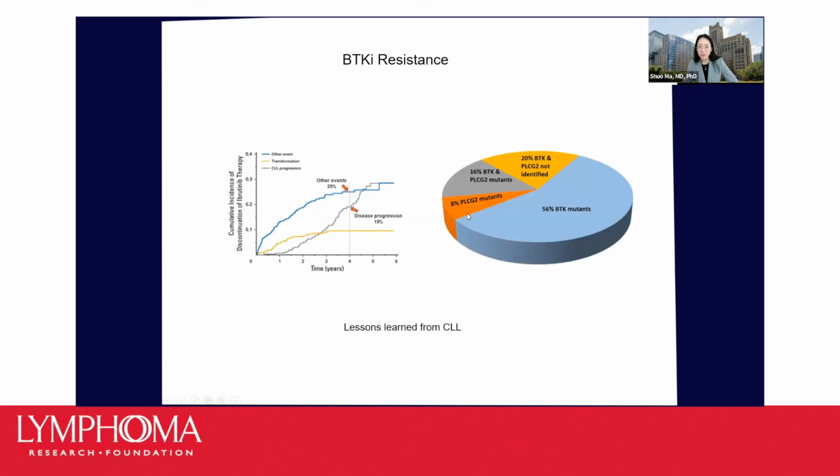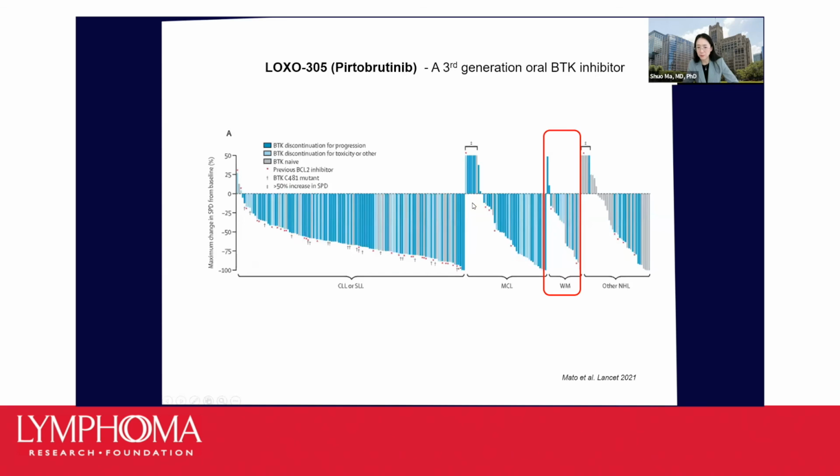BTK resistance can occur in patients who are being treated with the earlier BTK inhibitors, and most of those are related to BTK mutations in those molecules, and some other patients may have PLC gamma-2 mutation. The LOXO305 or pirtobrutinib, the third generation BTK inhibitor, has been studied in various B-cell lymphomas.